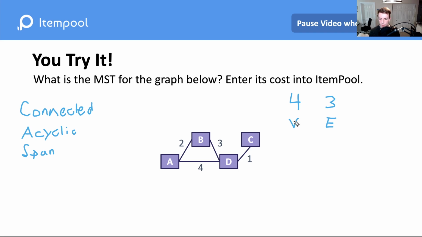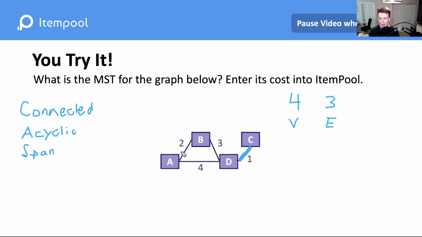Now, if you're doing this by hand, we maybe don't have a principled approach for doing this, but I know that this edge right here has to be included in the minimum spanning tree. Why? Well, because there's only one edge that connects C. So any minimum spanning tree, because it has to connect this graph, needs to include this edge. And so then it's kind of a toss-up here.